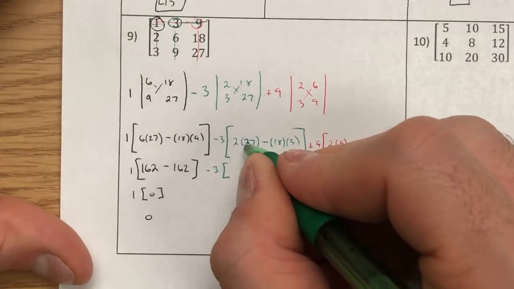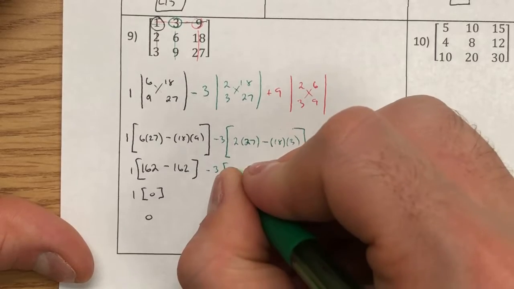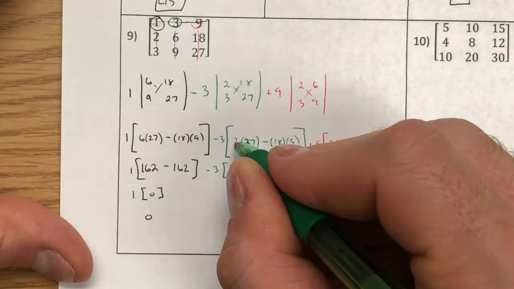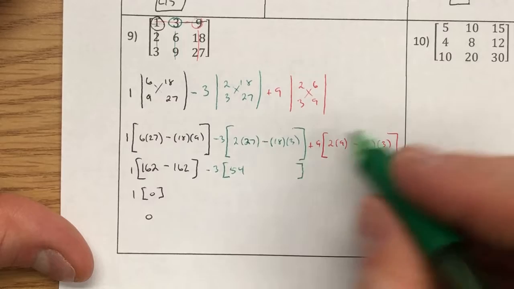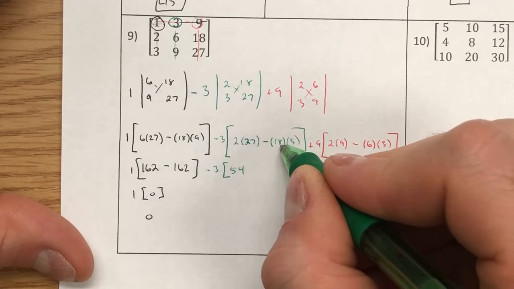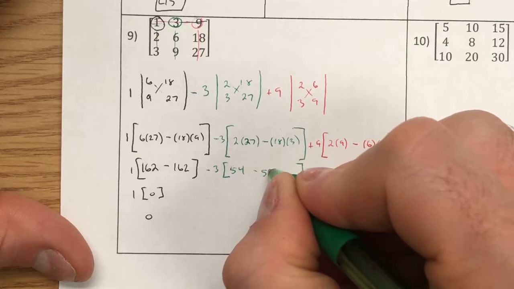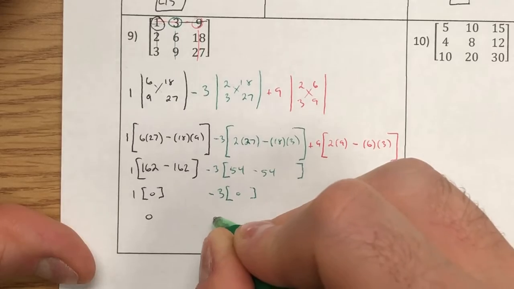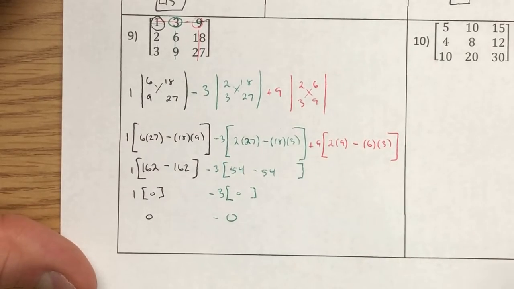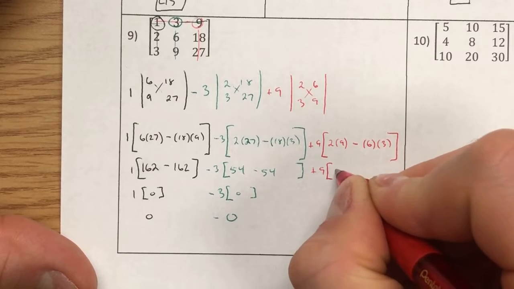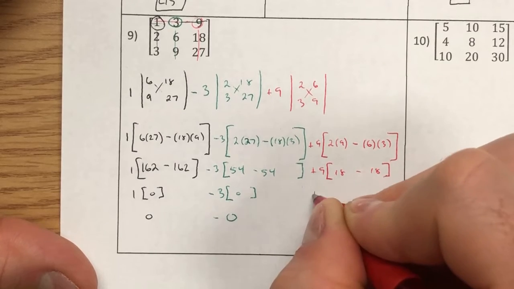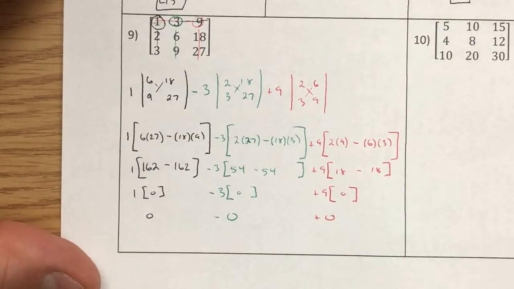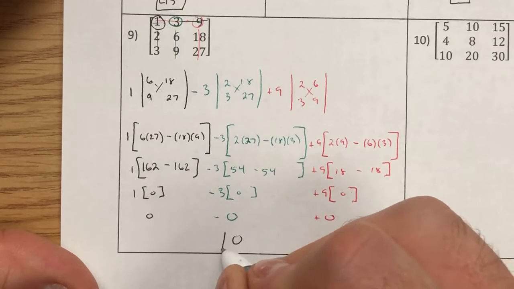Two times 27, that's 54. 18 times 3, that's 54. And this is plus 9 times 18 minus 18. So 0 minus 0 plus 0 is going to give us a determinant of 0.